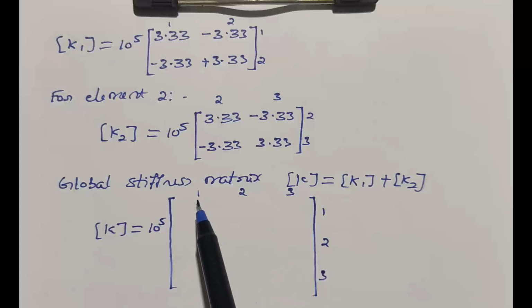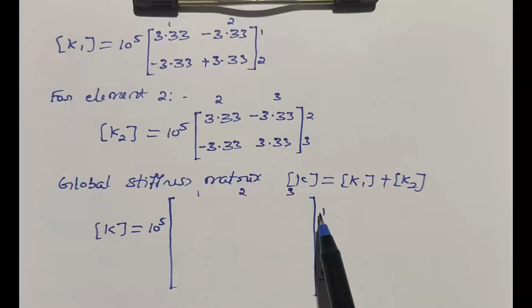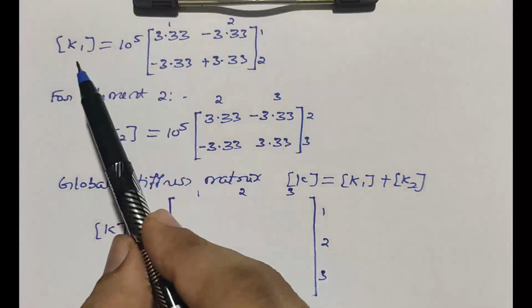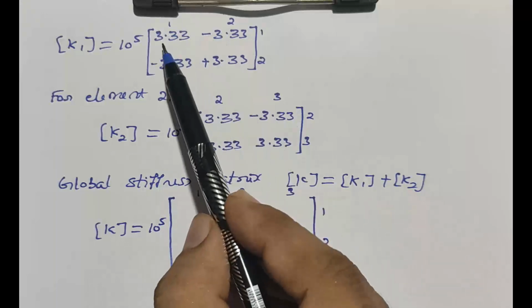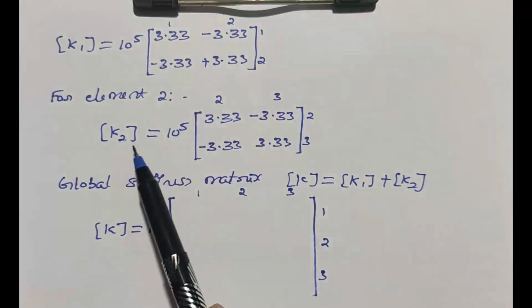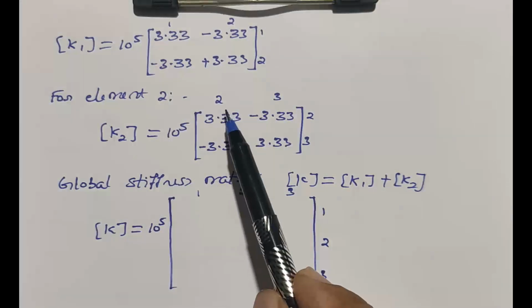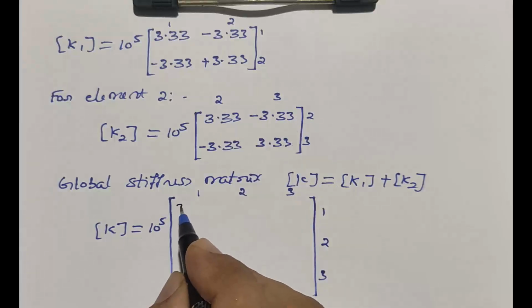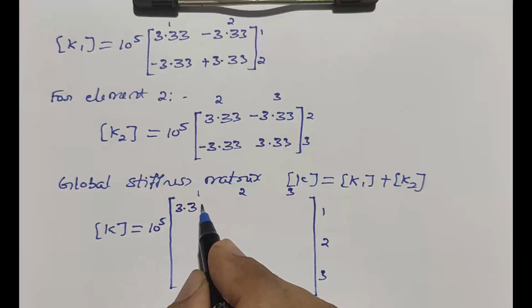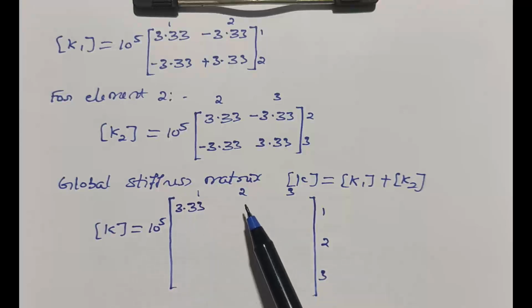See here, I need the element corresponding to 1 and 1. See K1, here the element corresponding to 1 and 1 is 3.33. But in K2, we don't have any element corresponding to 1 and 1. Therefore, it is 3.33. Next we need the element corresponding to 2 and 1.